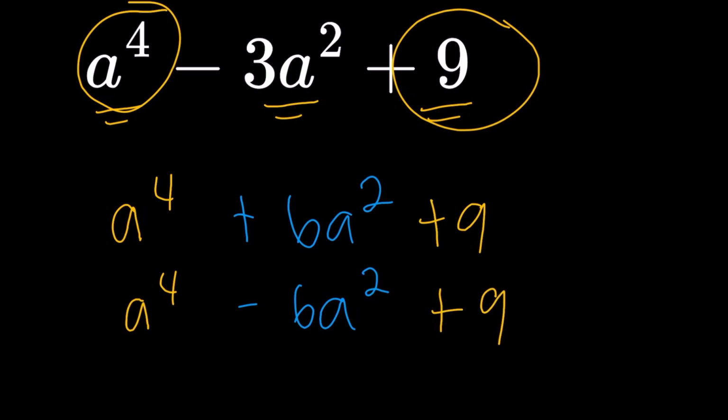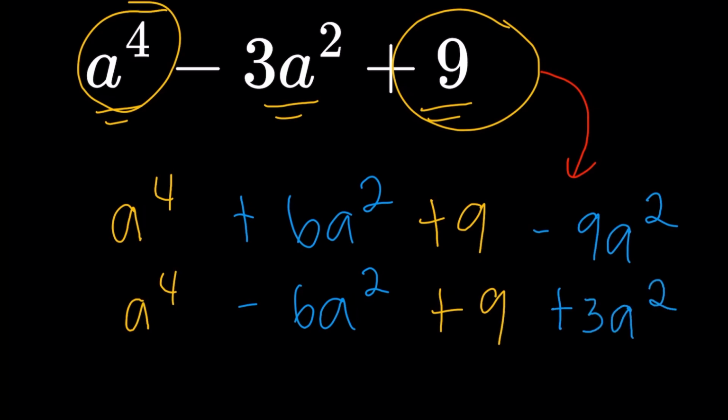Now, since we want the resulting terms to be equal, we have to consider that in the first one we have to do minus 9a squared, and in the second one we have to do plus 3a squared. But we can easily see that the second one will not work because, yes, this is a perfect square, but we're adding 3a squared.